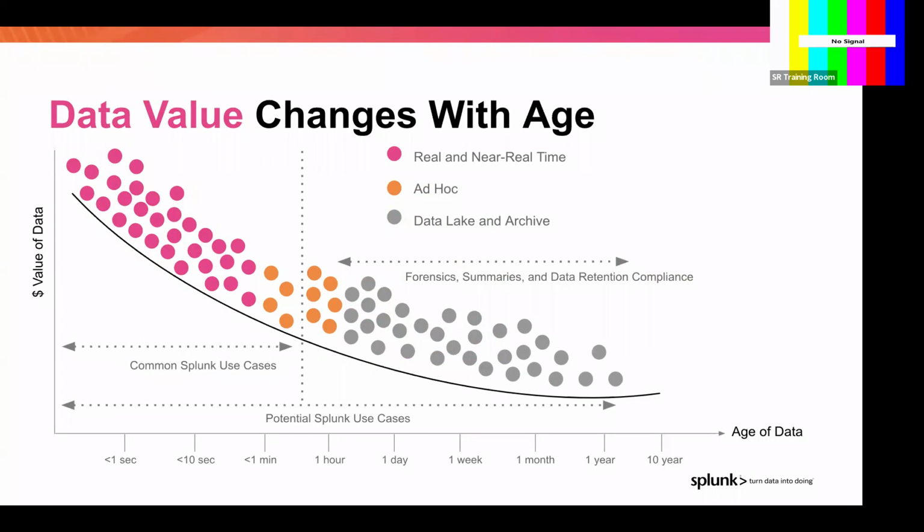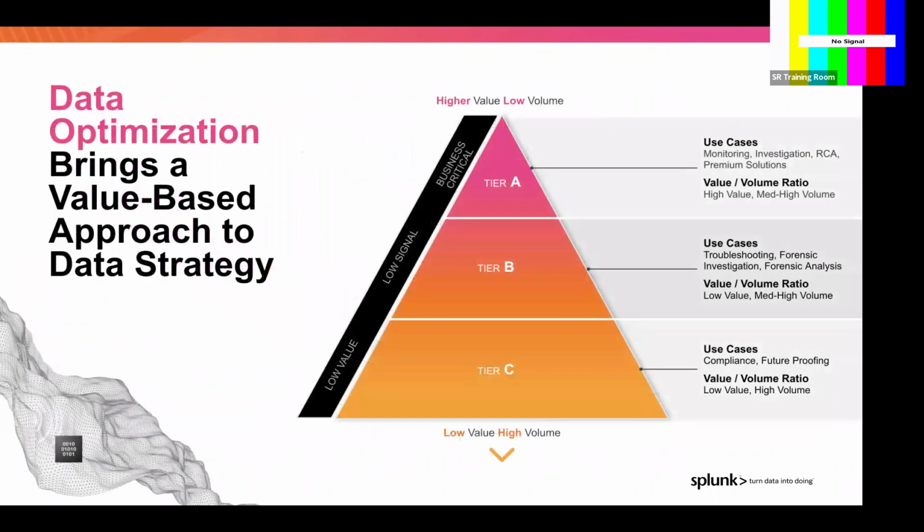Usually these logs are relatively low value. Because data is separated in this way, there's a natural tiering effect. There's a pyramid where on the top is the low volume, high value data. At the bottom is the high volume, low value data.